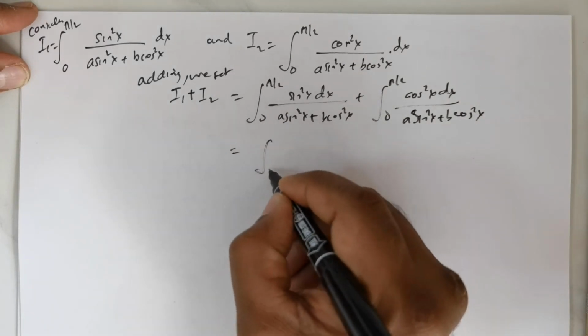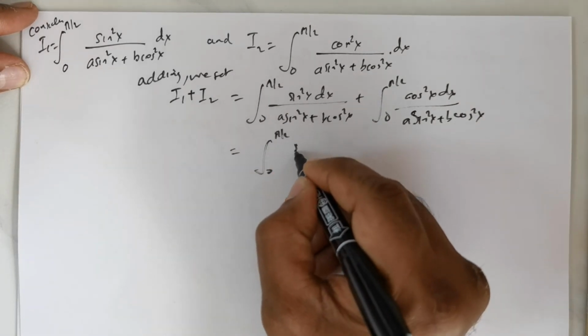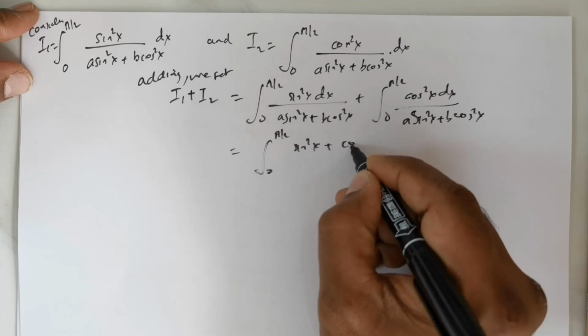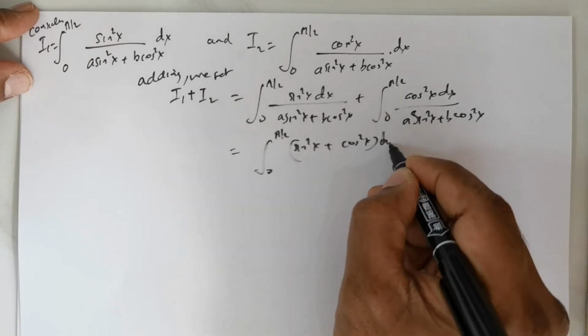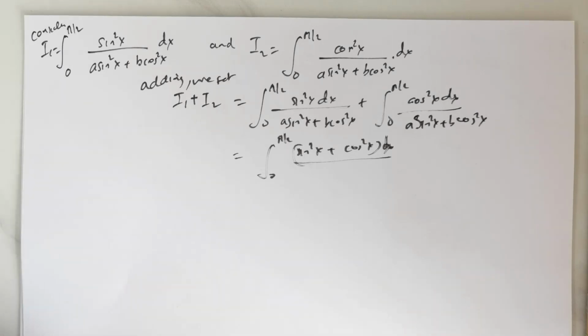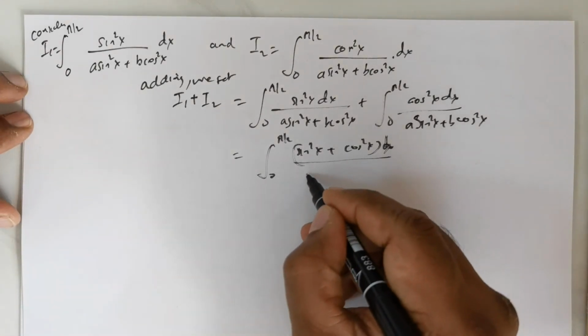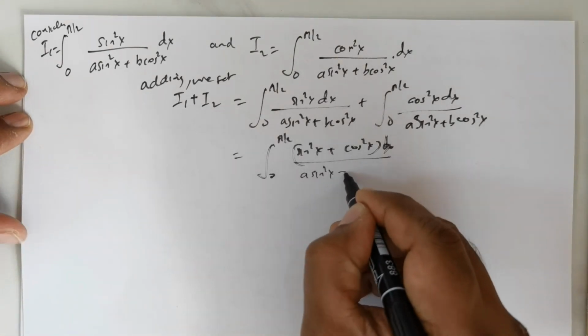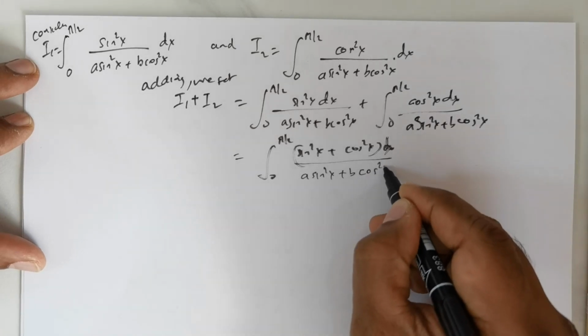Now this can be rewritten as the integral from 0 to pi over 2 of sine squared x plus cos squared x, dx, divided by a times sine squared x plus b times cos squared x.